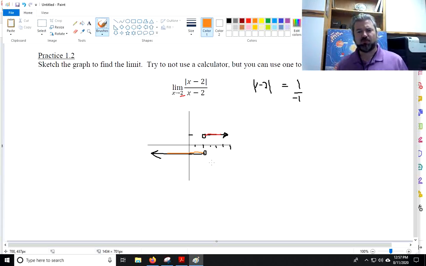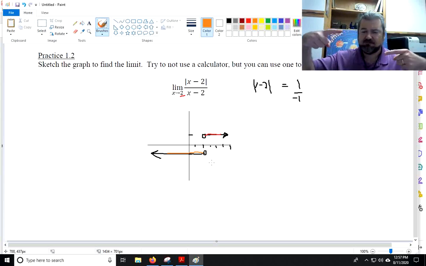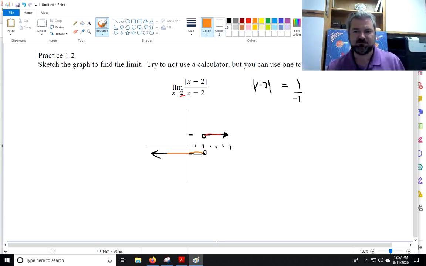And remember what we said, they have to match. You have to come from one side and the other and match. They could both be coming from the bottom to match or from the top or different directions, but these don't line up. So you probably got a little confused with that, but if you remember I said it does not exist. And that's what we say here. We'll simply say that the limit does not exist.